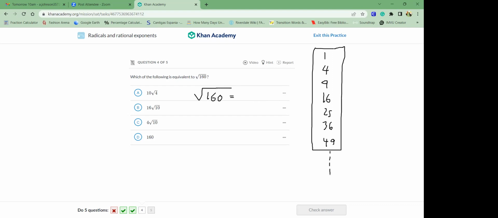Well, 100 does not go into 160, but 16 does. So write it as two radicals, 16 there and 10 there, and then just break down this one. So what is that? 4 root 10. Yeah, exactly. Yep.